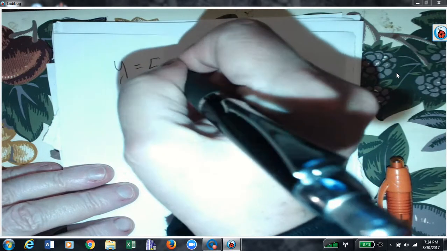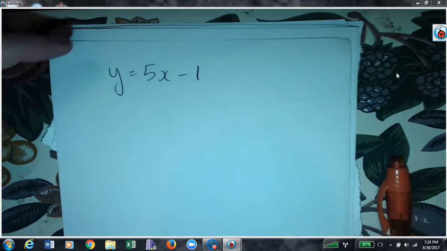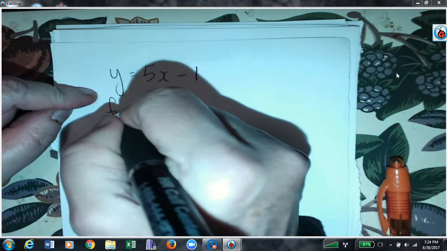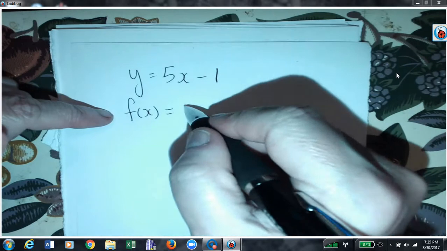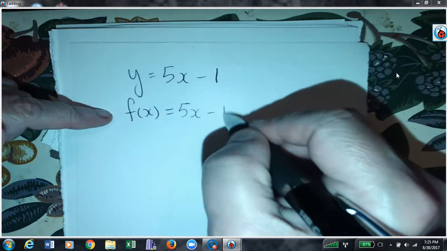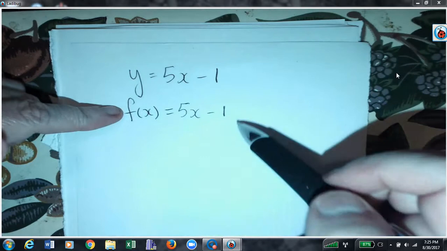So now how do I evaluate functions? Well, if we have a function, then we can write it this way with the y, but instead of the y, we can also write f evaluated at x, where the lowercase f means function. That is the most common way to write it in this style.